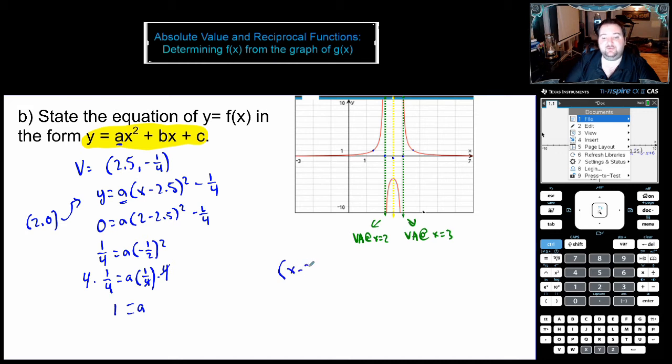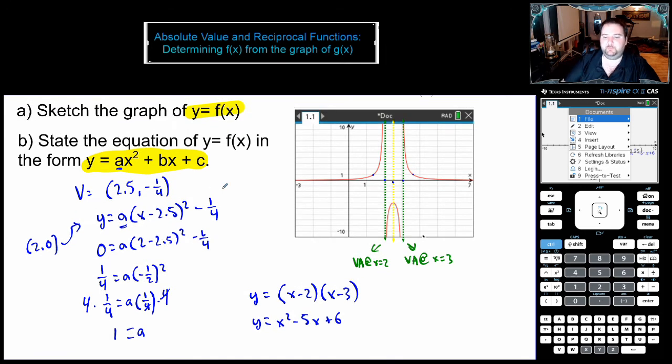And so we have x minus 2, x minus 3, and our a value is 1. And so there's nothing multiplying these. It's just this. And so now we can get our equation. So we have x squared minus 5x plus 6. All right. That's fantastic. That was easy. So we have x squared minus 5x plus 6.